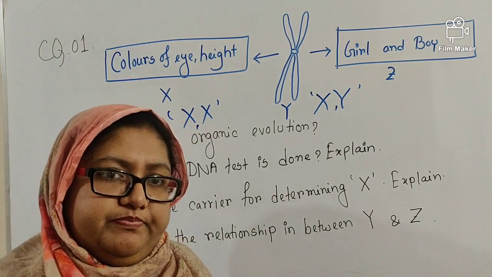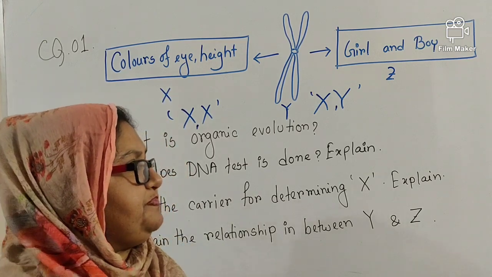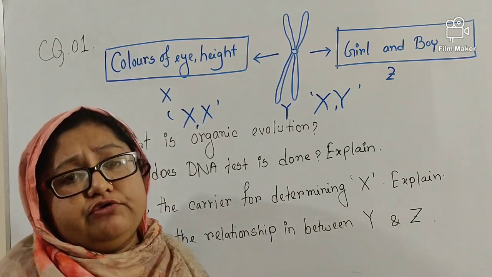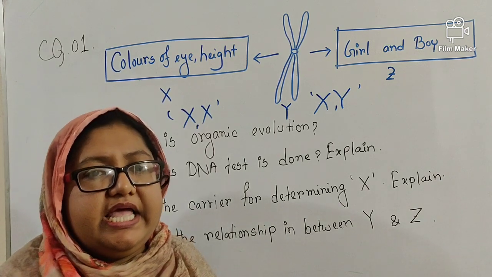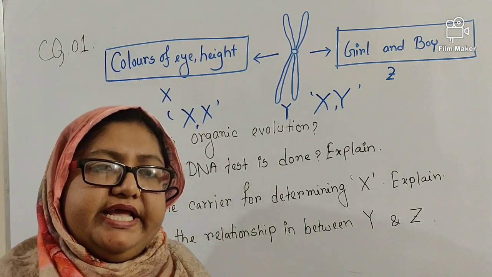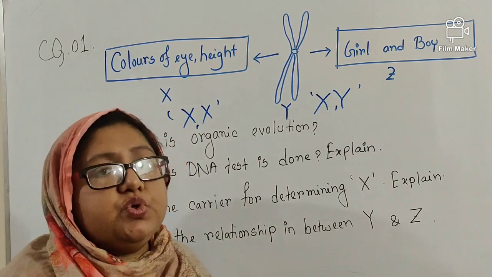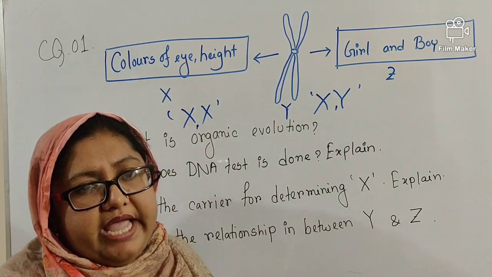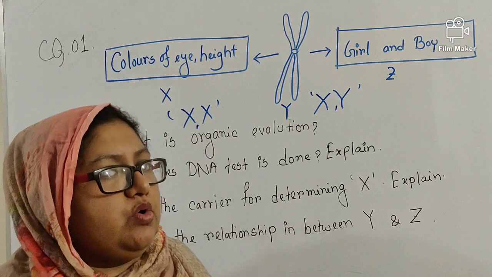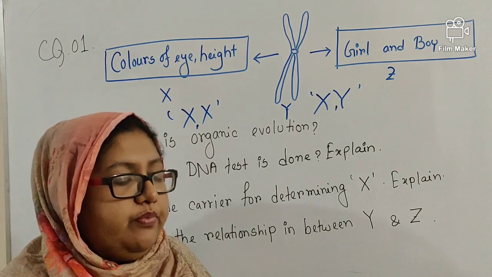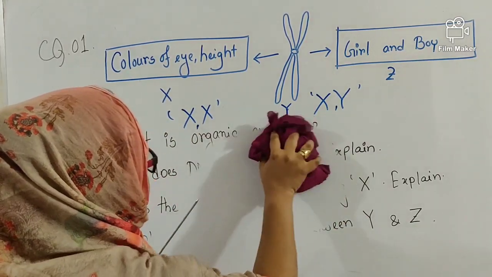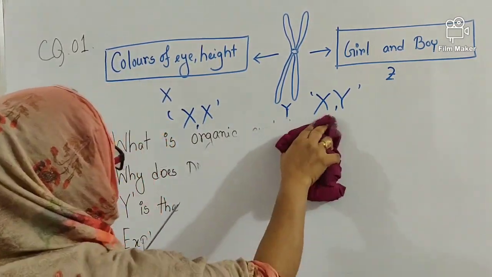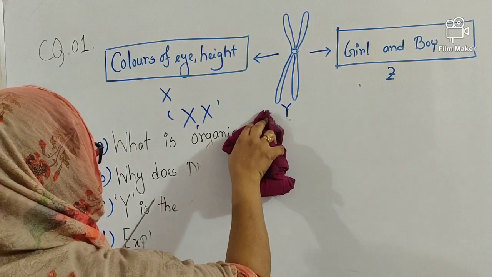As I have told you, the female carries X and X chromosomes, but the male carries only one X and only one Y chromosome. Now, if I want to explain it by a chart, it will be like this.